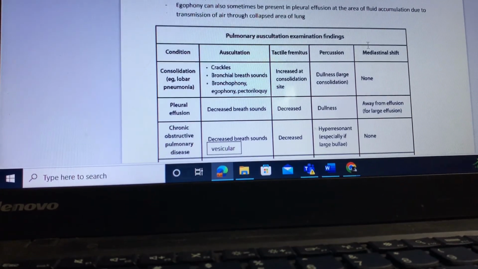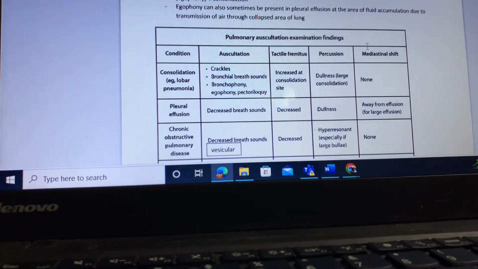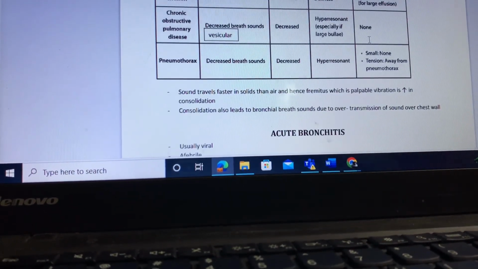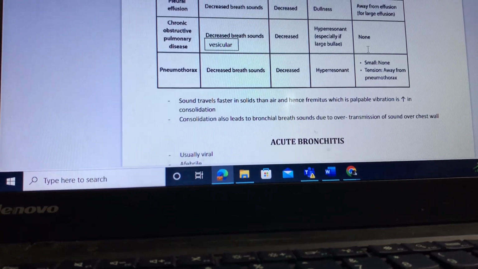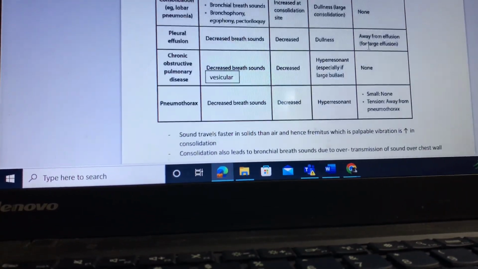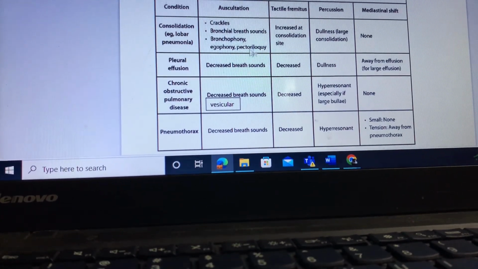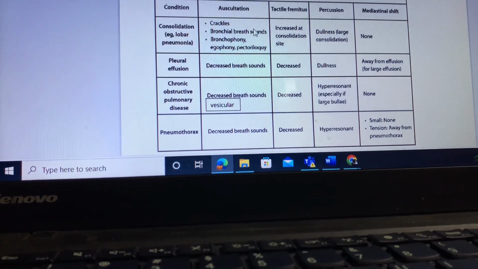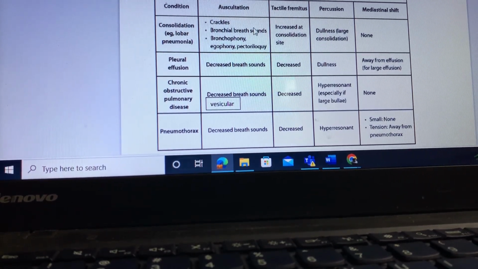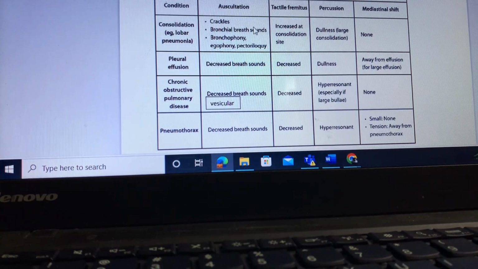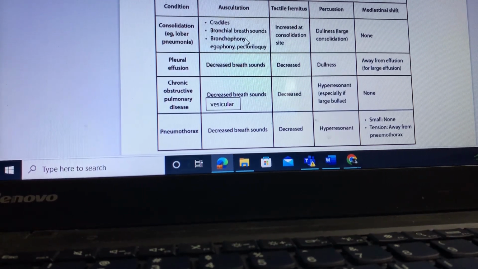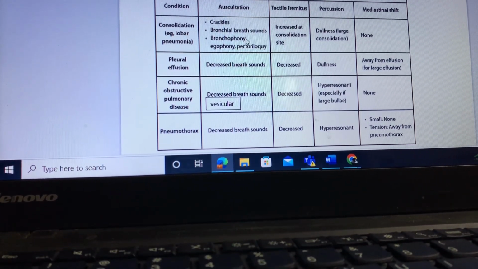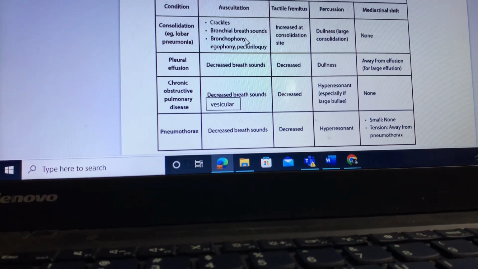Now let's talk about the pulmonary auscultation examination findings. If you have a consolidation, which I just mentioned, if you have a lobar pneumonia, what are you going to hear on auscultation? So there's going to be crackles, bronchial breath sounds. What were those sounds? They were louder sounds and prominent expiratory phases. And if it's blocked, then those are decreased sounds.